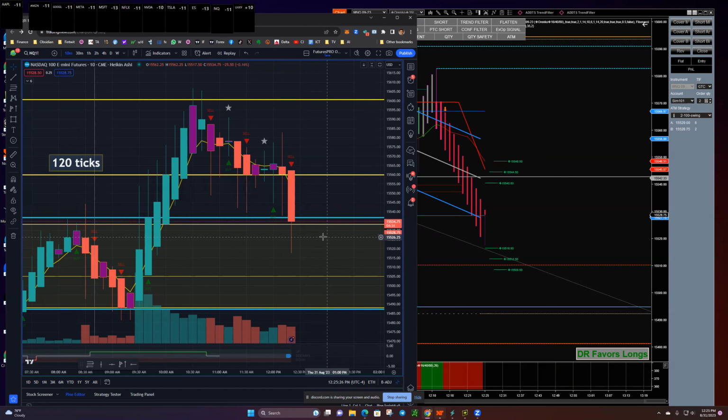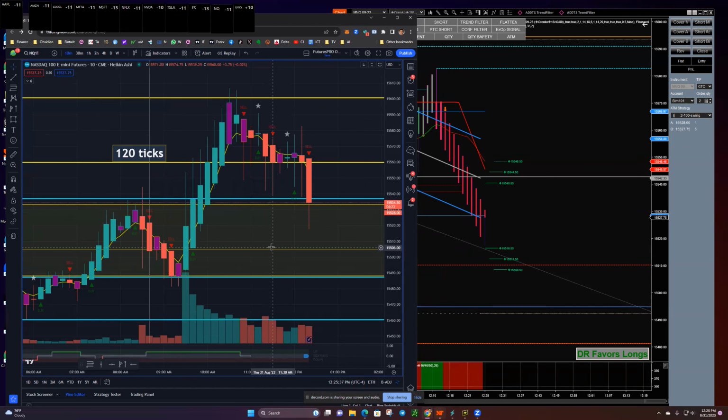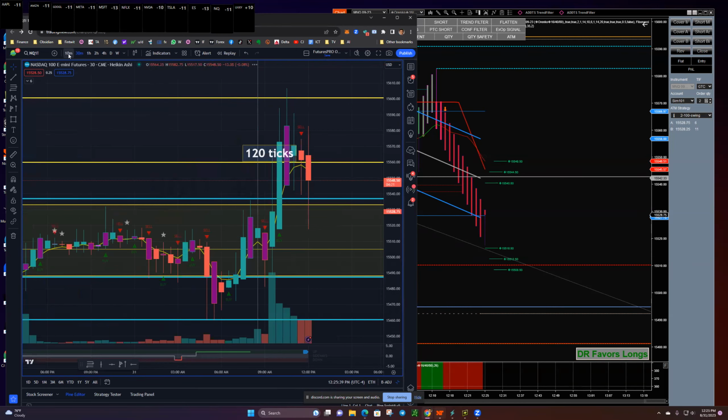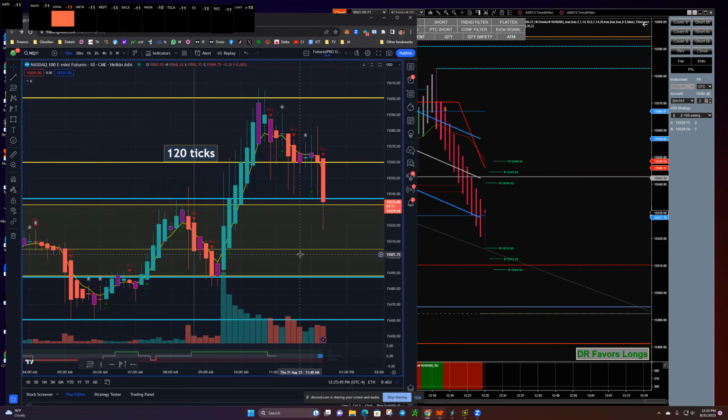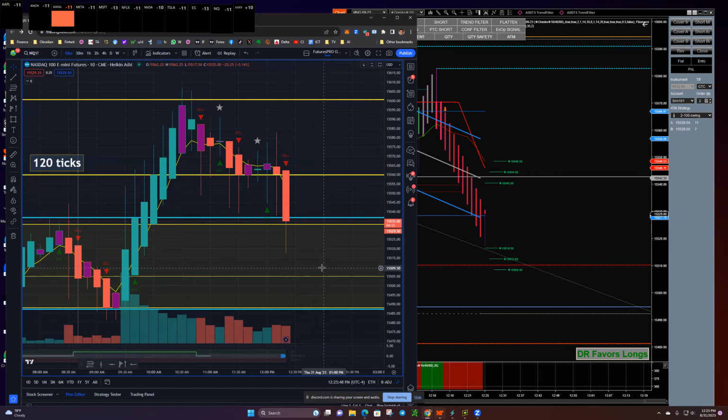But if we had another 30, yeah, that's 120 ticks. So it would have been 120 ticks here, 120 ticks there. But you're going to stay in because, again, it is a sell signal. That's a big candle.